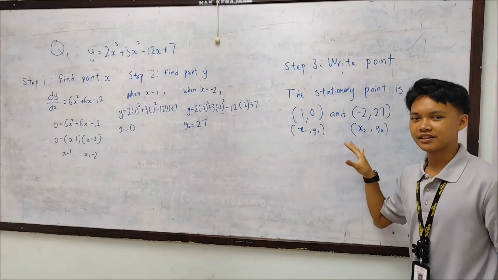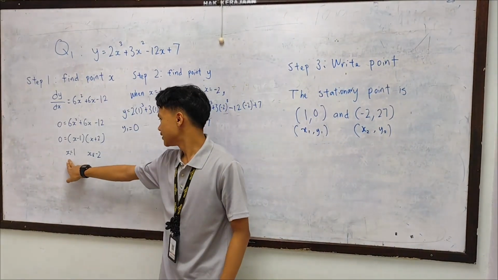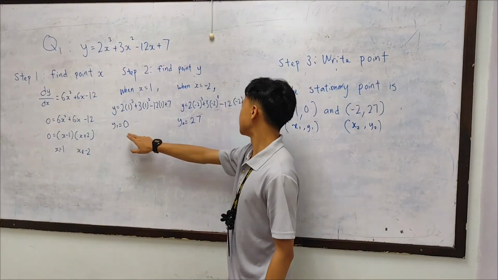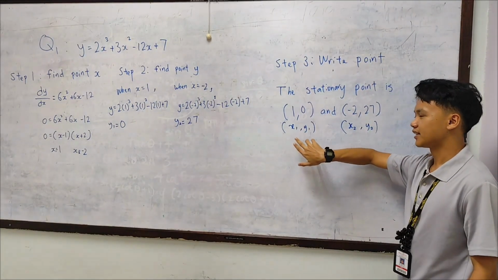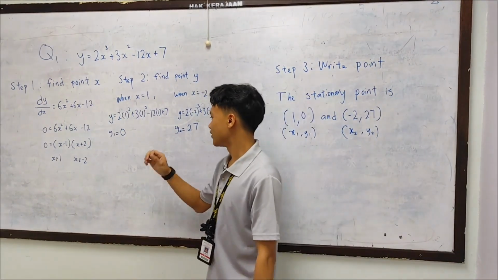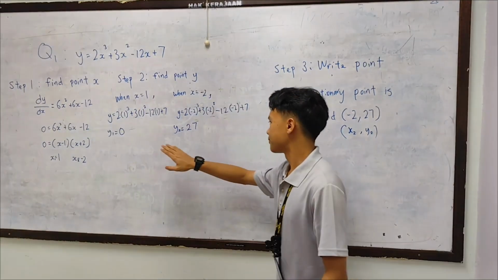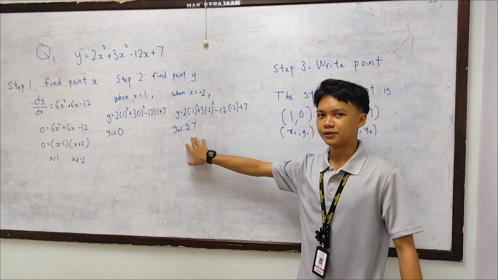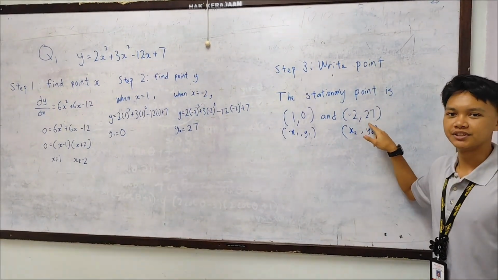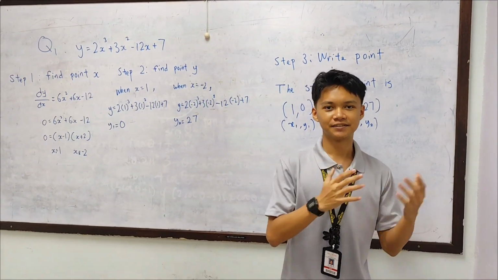We get these numbers from step 1 and step 2. x1 equals 1 and y1 equals 0, which we write in point form as (1, 0). For the second point, x2 equals -2 and y2 equals 27, which we write in point form as (-2, 27). For the next step, I'll give it to my other friend.